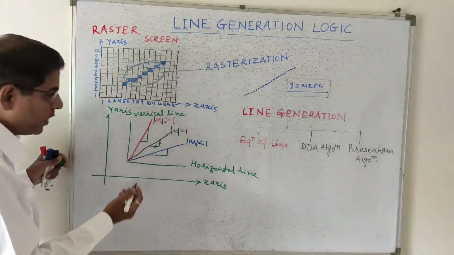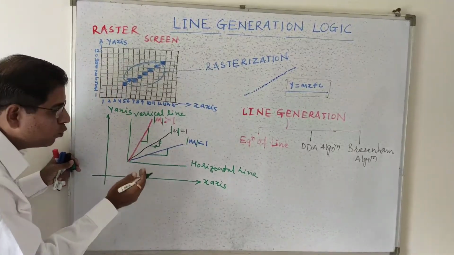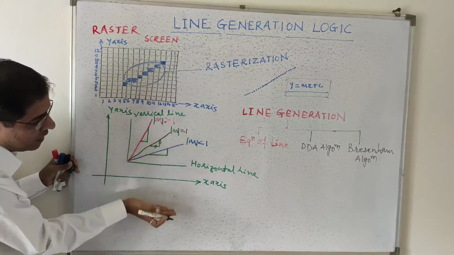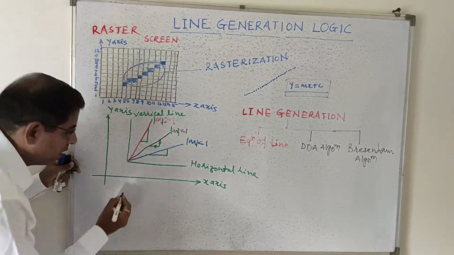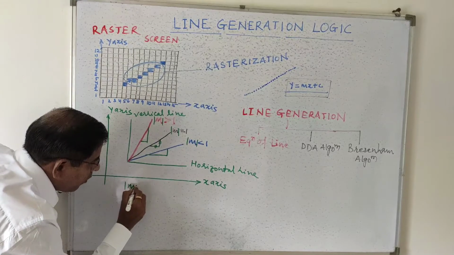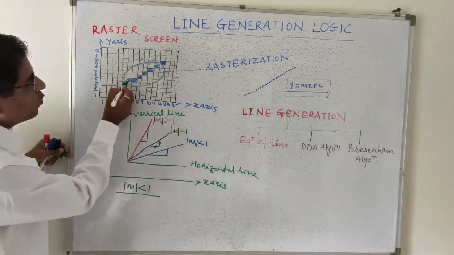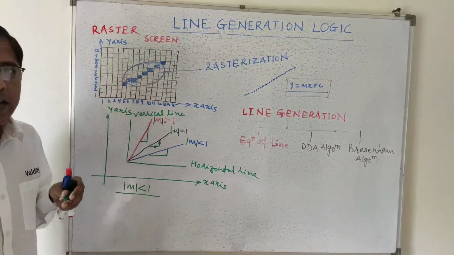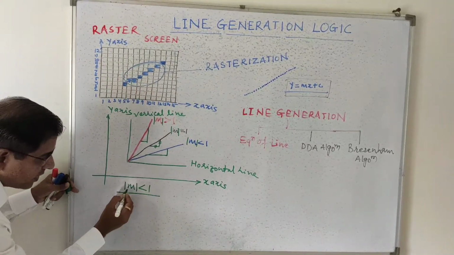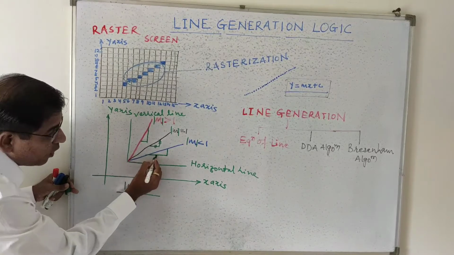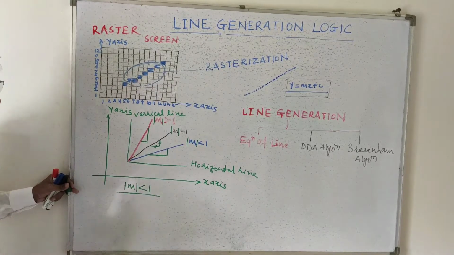Okay, so we can divide lines into two categories, that is slope less than 1 and slope greater than 1. So if the slope of the line is less than 1, then how are the intermediate pixel coordinates calculated? In case of slope less than 1, we know that the value of x is changing very fast as compared to y.